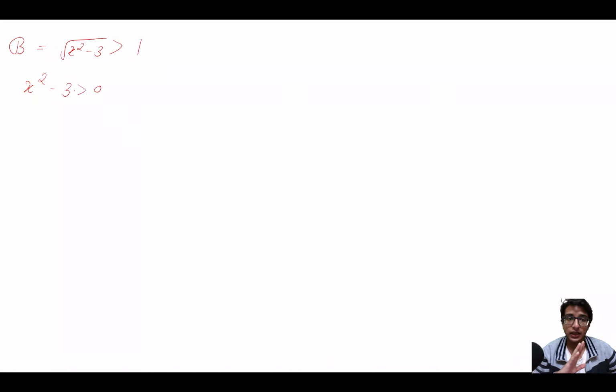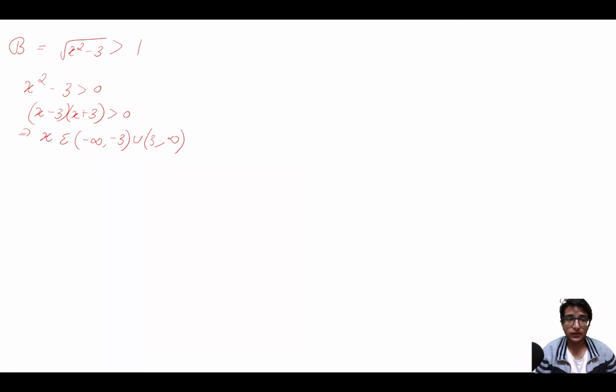This is one of the conditions that we need to apply. So from here we get x minus 3 into x plus 3 greater than 0. And solving this type of inequalities we've studied, that means x should belong from minus infinity to minus 3 union 3 to infinity. So x should be a value between this.